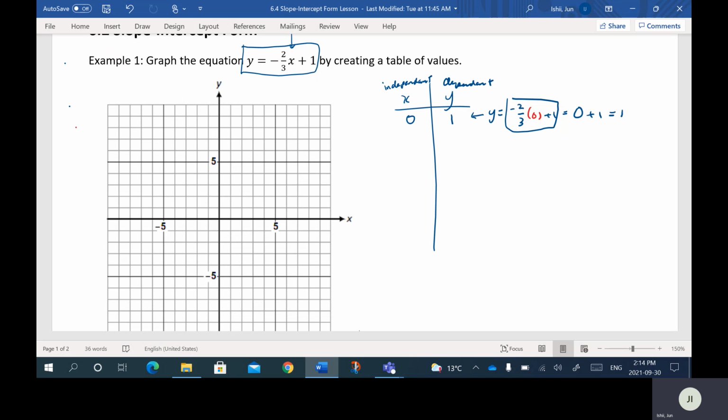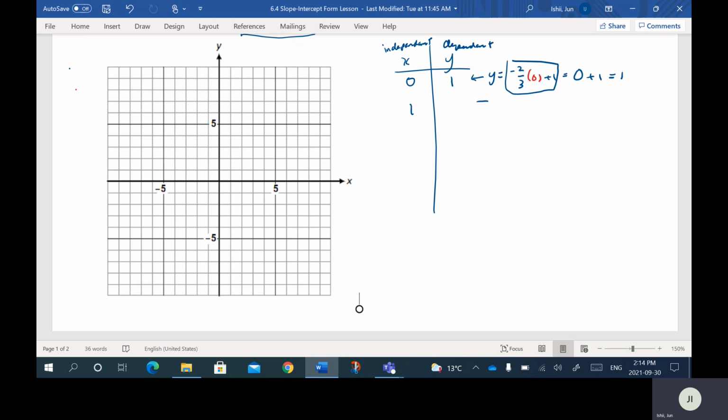Let's pick another number for x. Let's say I pick 1. To get my corresponding y value, y equals -2/3 times 1 plus 1. We're dealing with fractions, but I need to multiply these two numbers together first.